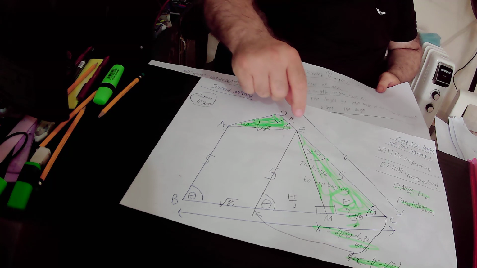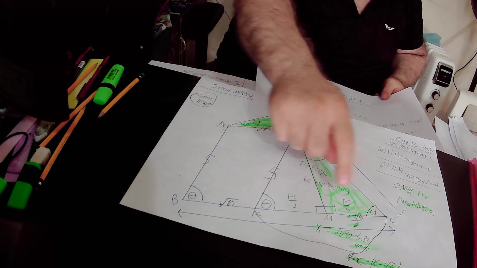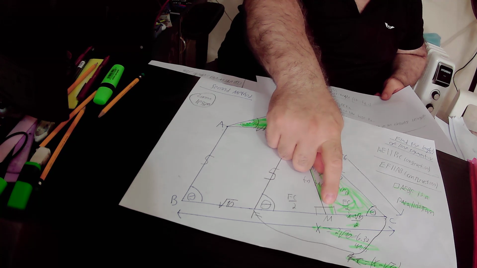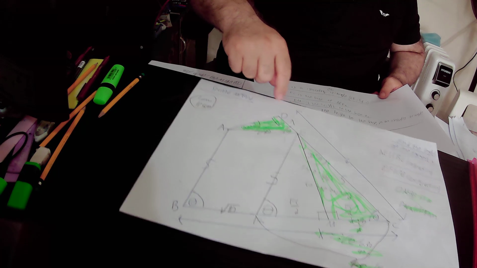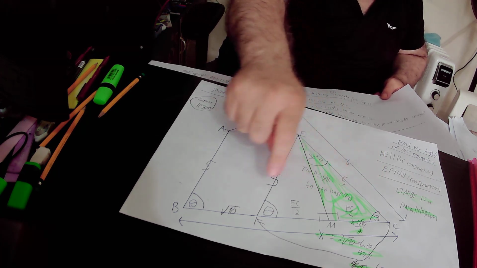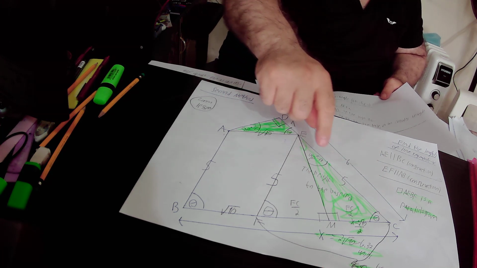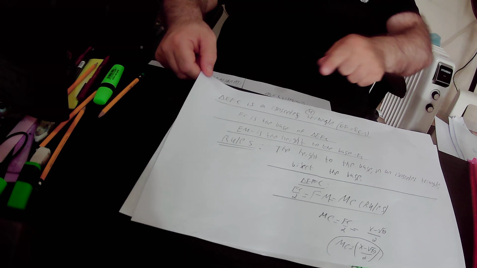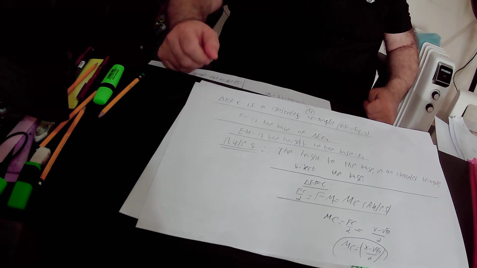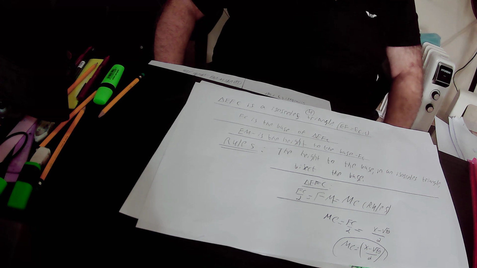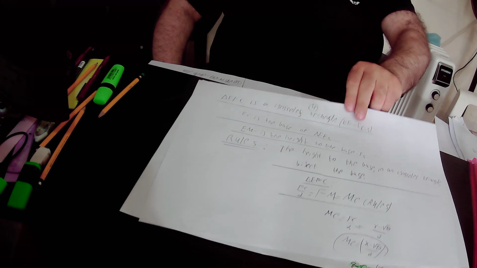And then from point E we draw a perpendicular on FC. So this angle equals 90 degrees and this angle equals 90 degrees according to our construction. So EM is perpendicular to FC, it means that EM is the height to the base FC. Okay, here EM is the height to the base FC. And we have rule number 5, that the height to the base in an isosceles triangle bisects the base.